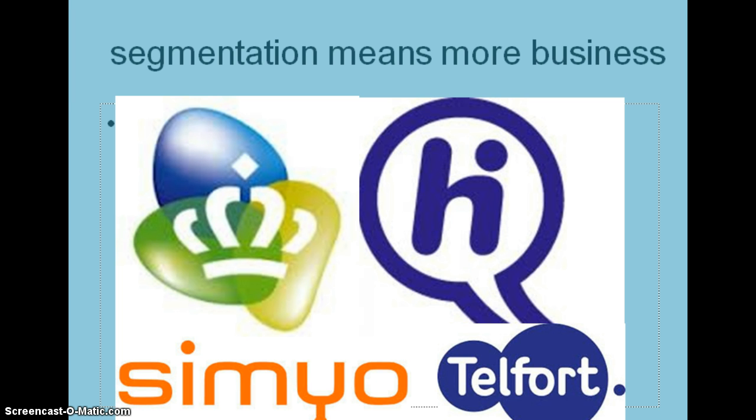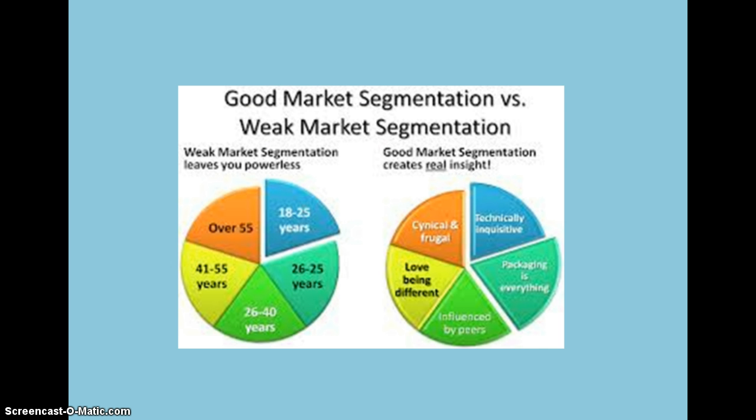Again, looking at that customer segmentation, how do you do it? There's lots of ways of looking at customer segments. And the demographic side, just saying, oh, we're only for young people, is really quite weak, because if you look at a simple group like 18 to 25-year-olds, there's lots of different people in there.